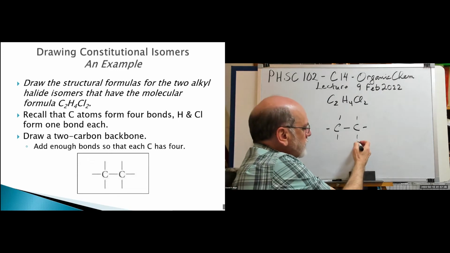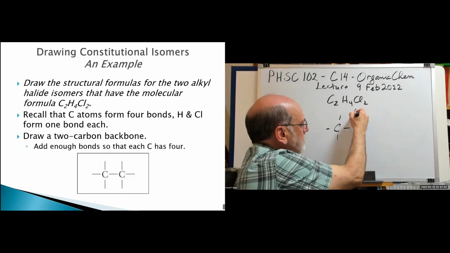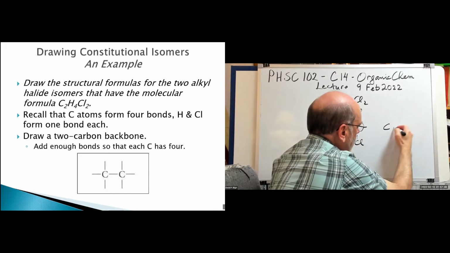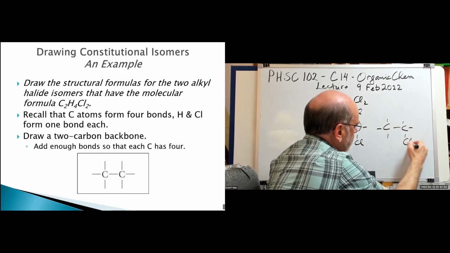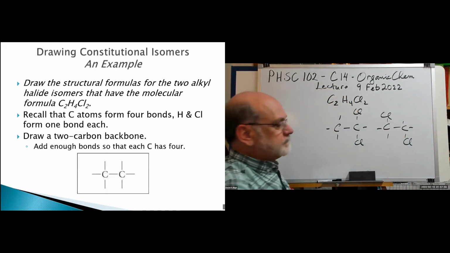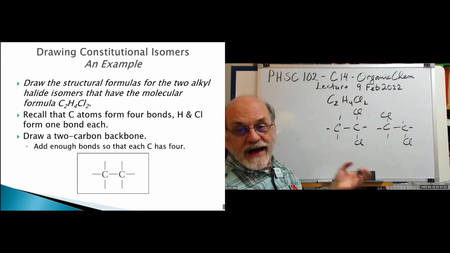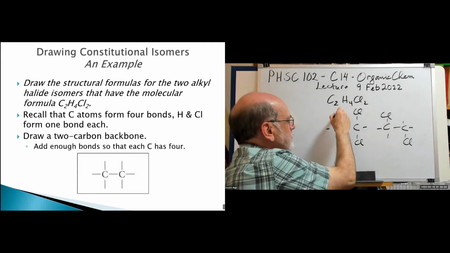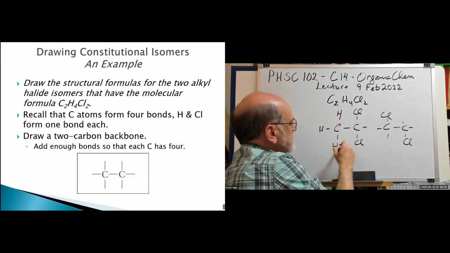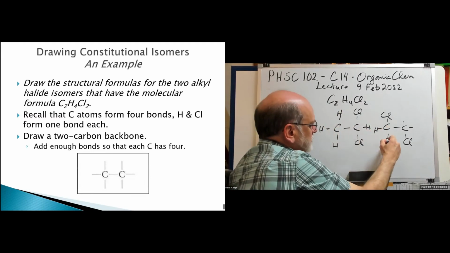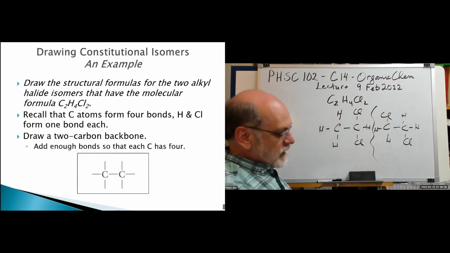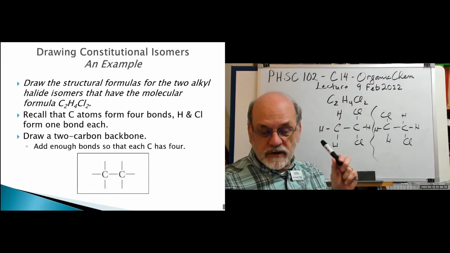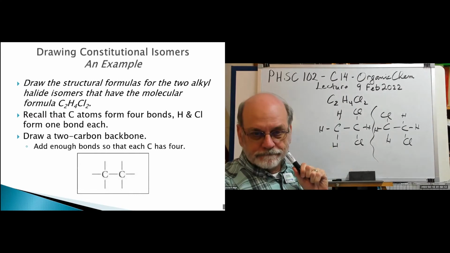So they could either go here, like that, or they could go like that, right? And then you put the hydrogens in to fill in the spaces. So we have 1, 2, 3, 4, or 1, 2, 3, 4, right? Those are the 2 structural isomers with that molecular formula.